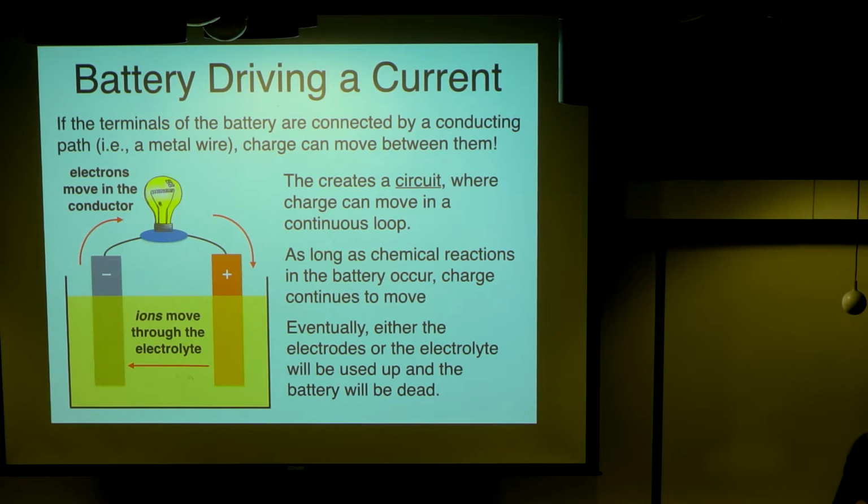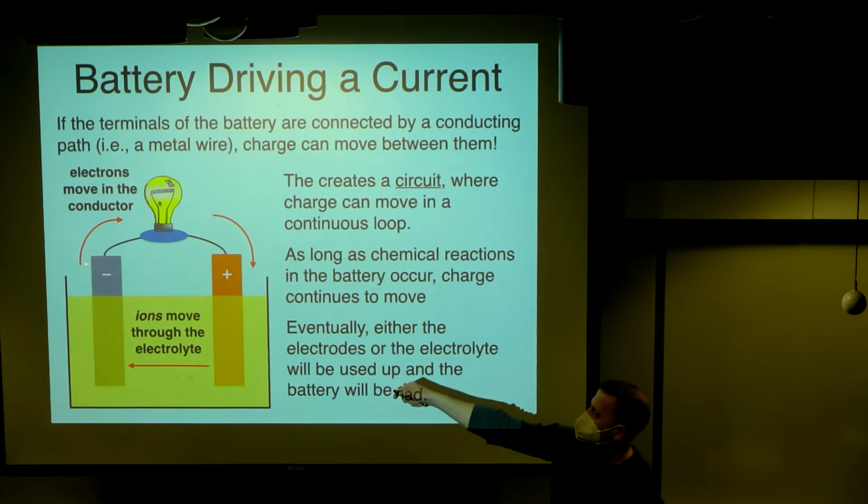So let's take a look at the details of how that would work, given that we know electrons are what are moving around inside of a conductor. So let's consider this. We have our negative electrode, and that's connected to this piece of wire.